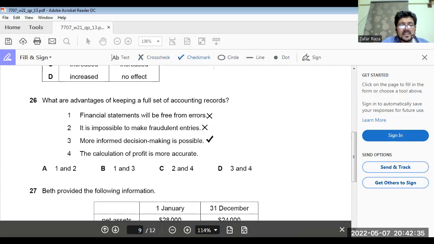Yes. Calculation of profit is more accurate? Yes. So it means 3 and 4. The answer is option D.